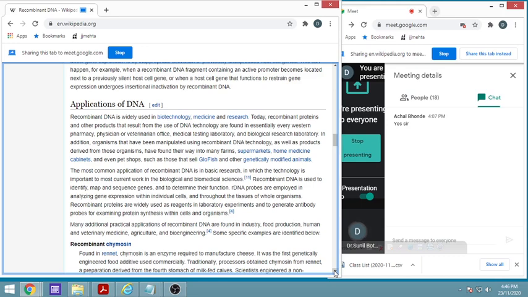So recombinant DNA is widely used in biotechnology, in medicine, and in research. There are many recombinant protein products available, many used in medicines, produced from organisms, and present in many places, in supermarkets and home medications.